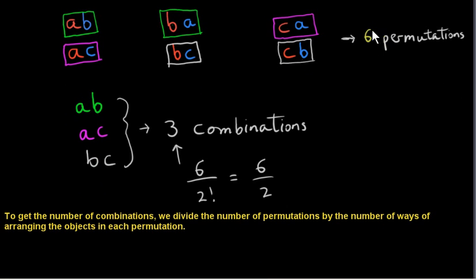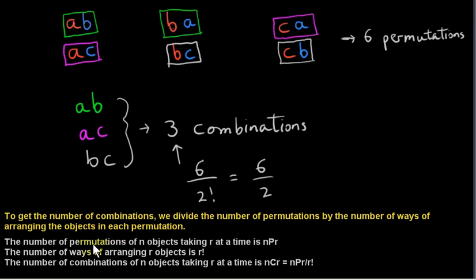So 6 permutations is twice the number that we need, because each permutation appears twice. AB and BA, and then we have AC and CA, BC and CB. So we have twice as many combinations if we just say 6. So we need to divide by 2.